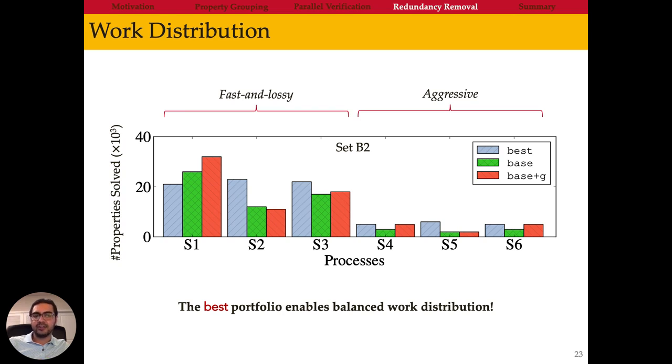In contrast, the first fast and lossy process in the base plus G portfolio solves considerably more properties compared to the other two fast and lossy processes represented in orange, which is indicative of scheduling limitations across parallel processes.